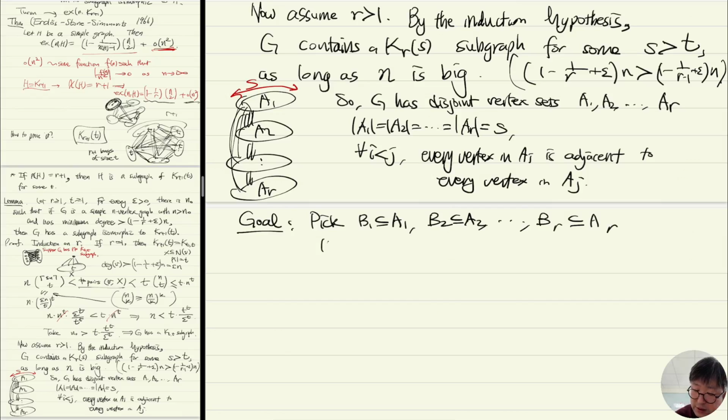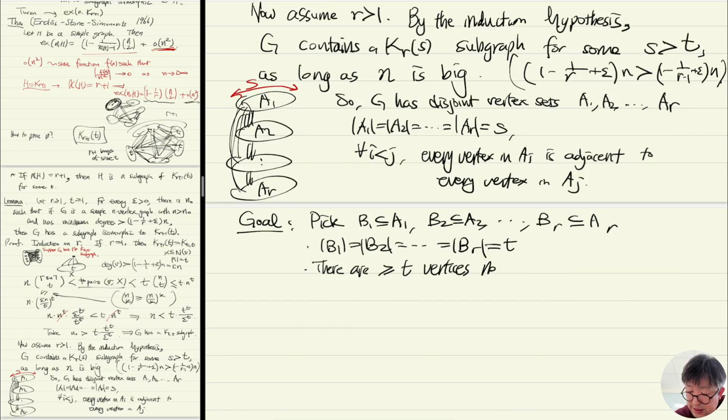Such that each of them has size exactly t, because we want to find the K_{r+1,t}, and in G, there are at least t vertices not in the union of Ai but adjacent to all vertices of the union of Bi.